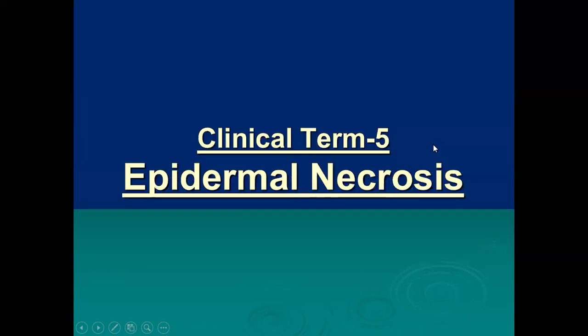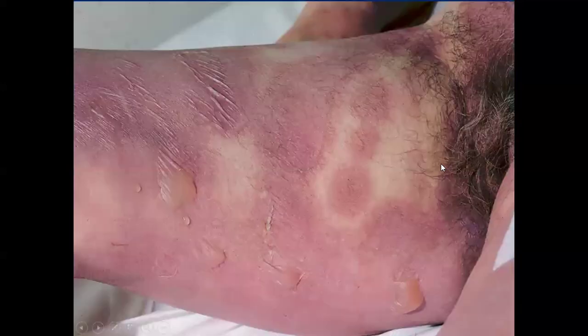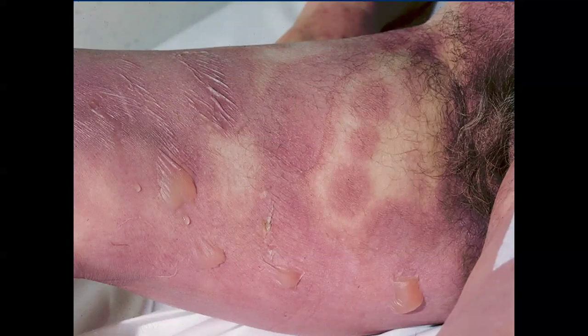The fifth theme I'm going to discuss is all the acute skin conditions which are associated with epidermal necrosis. The first and foremost, and the commonest condition which we come across, not frequently, fortunately, but infrequently, is toxic epidermal necrolysis.